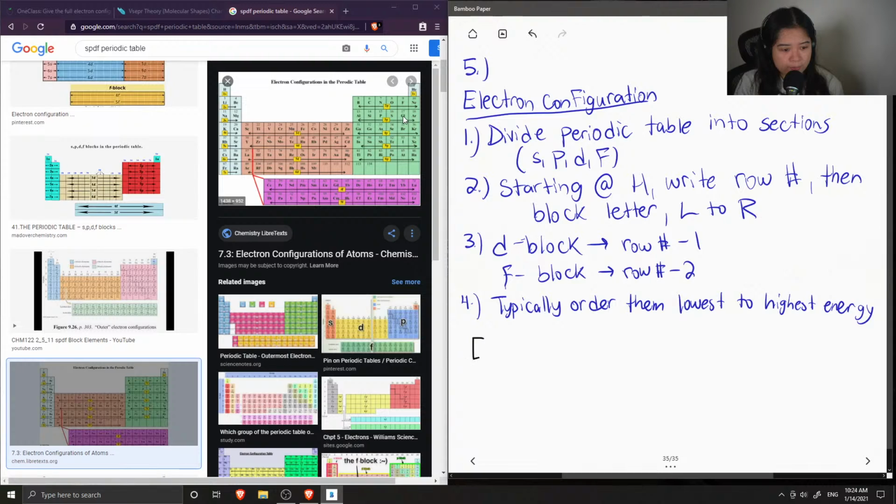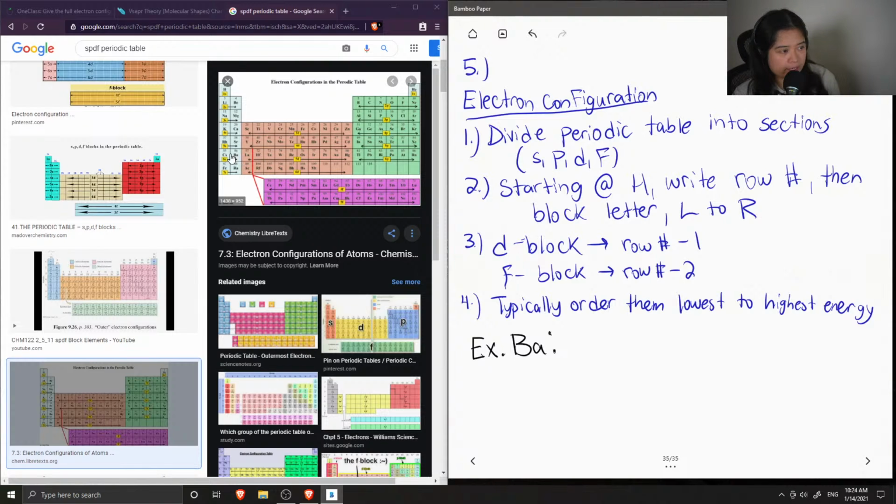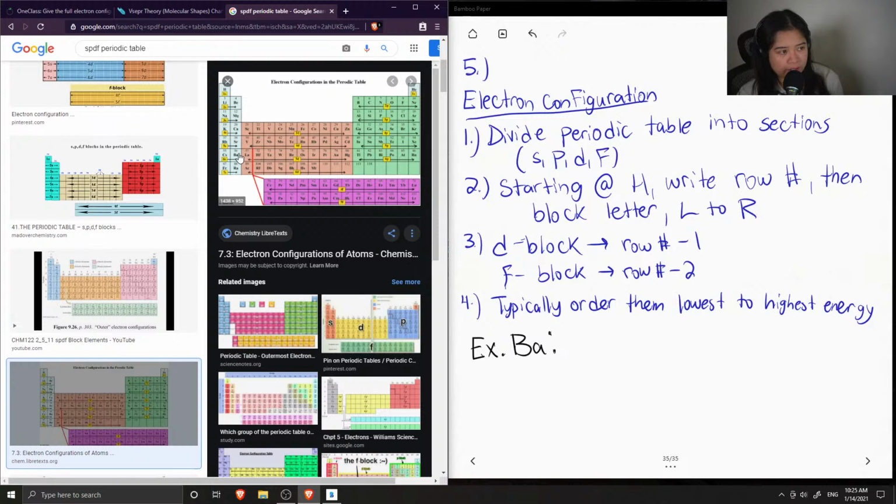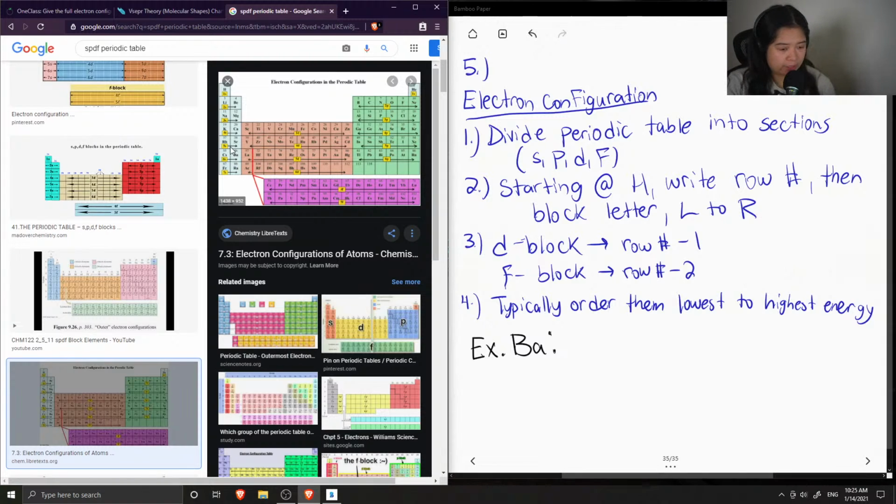So for example, for barium, first let's locate it on the periodic table. You can see it's right down here. It has the atomic number 56, and we need to write the full electron configuration. So no shortcuts, we don't write the shorthand configuration.